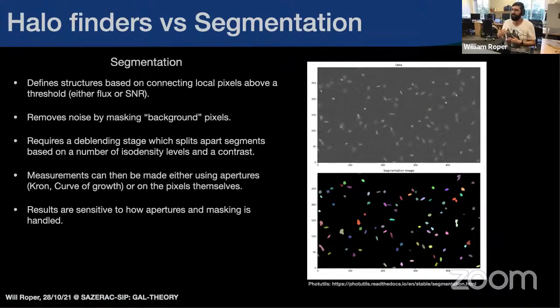So the blending stages are necessary, and in the work I'm showing here, what photutils, a Python package, does is it takes a bunch of isodensity levels and a contrast, and then deblends the segments based on that contrast and the isodensity levels. Once you've got this, measurements can be made either using apertures, so Kron apertures or curve of growth for sizes, or you can make measurements on the pixels themselves. And as I'll show later on, the results are extremely sensitive to how you handle the apertures and the masking of local groups in the deblend.